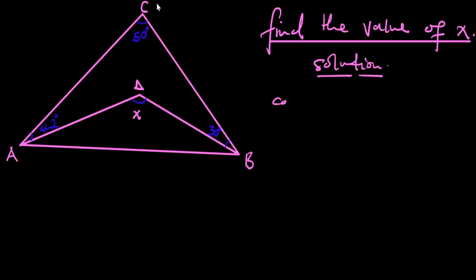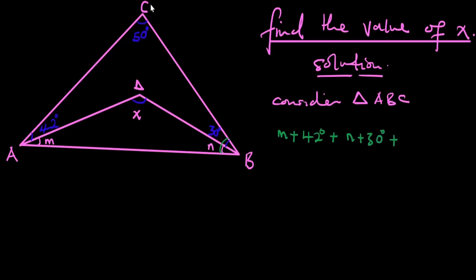If we consider triangle ABC, we can let this angle be M and this angle be N. Then the whole angle here, M plus the 42 degrees, plus the whole of this, which is N plus the 30 degrees, then plus the 50 degrees, gives us a total of 180 degrees.